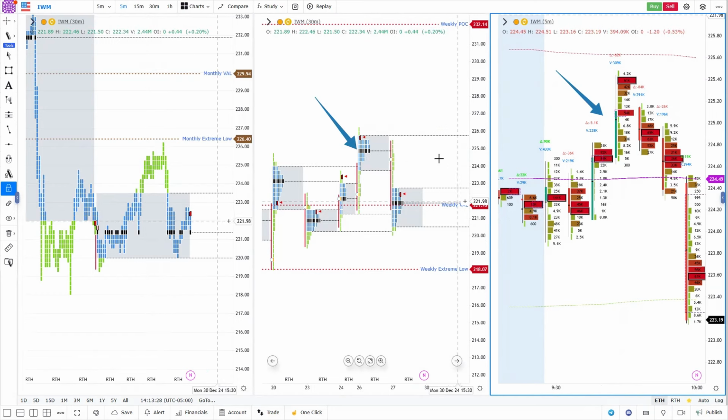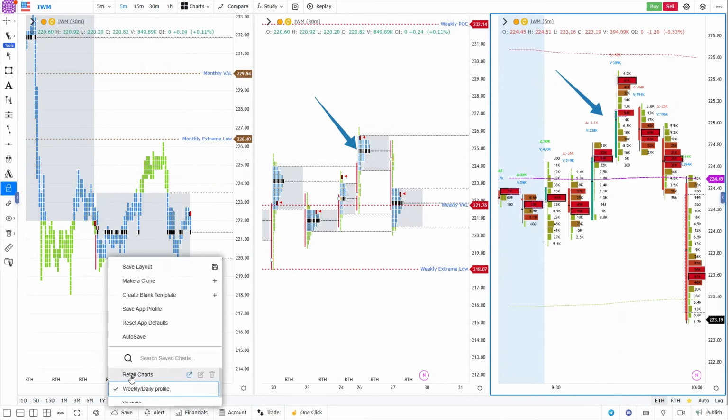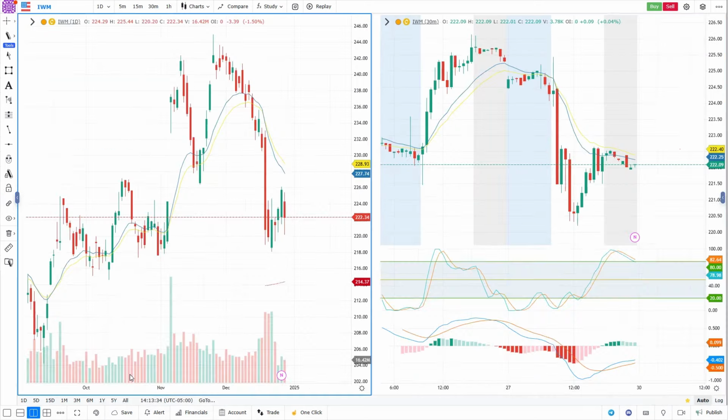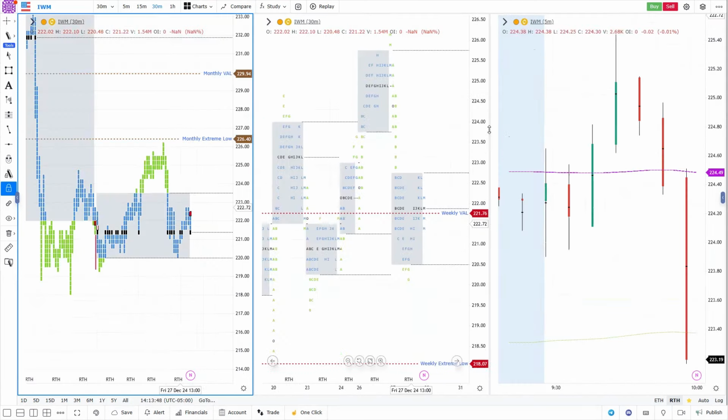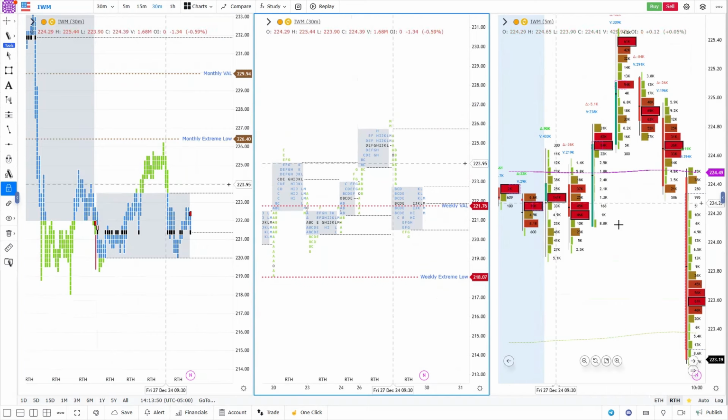Value comes from TPO. Now, again, if we go over to a retail chart, do you see the difference? Hopefully, you guys are seeing the difference between plain candlestick and order flow. Let's go back to the order flow side. Order flow.